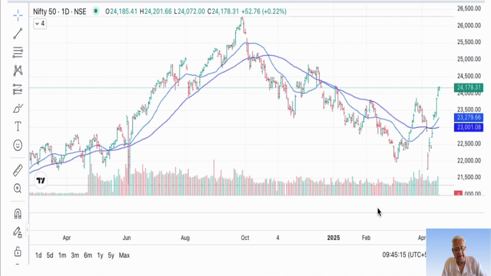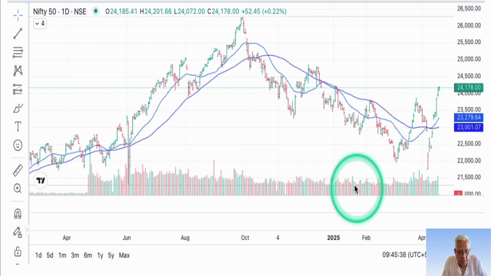So far, we have dealt with moving averages, and the crossover of two moving averages will tell us whether it's a buy signal or a golden cross, or on the other hand, a sell signal or a death cross.